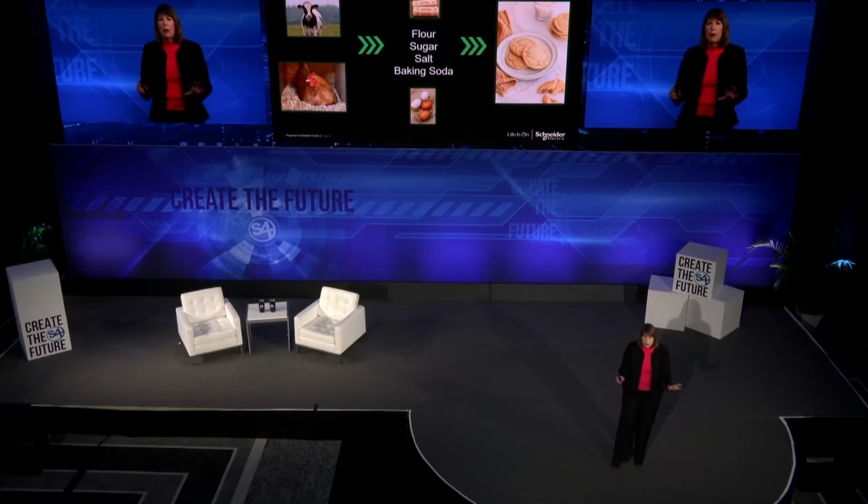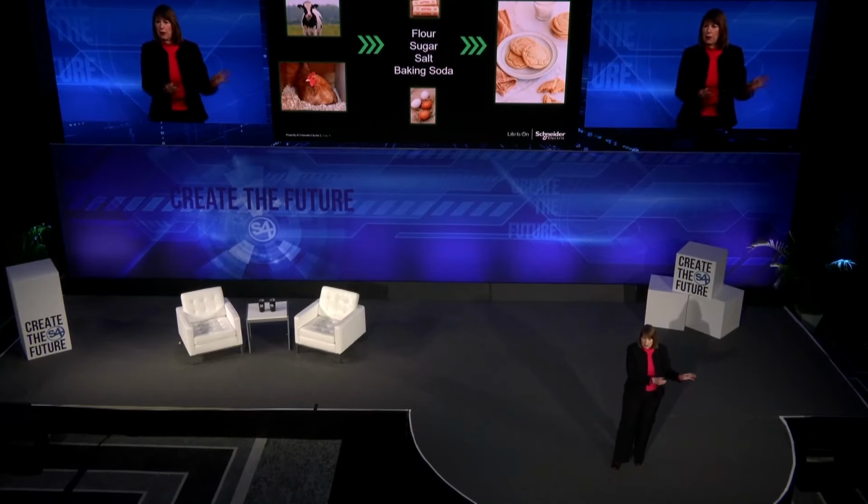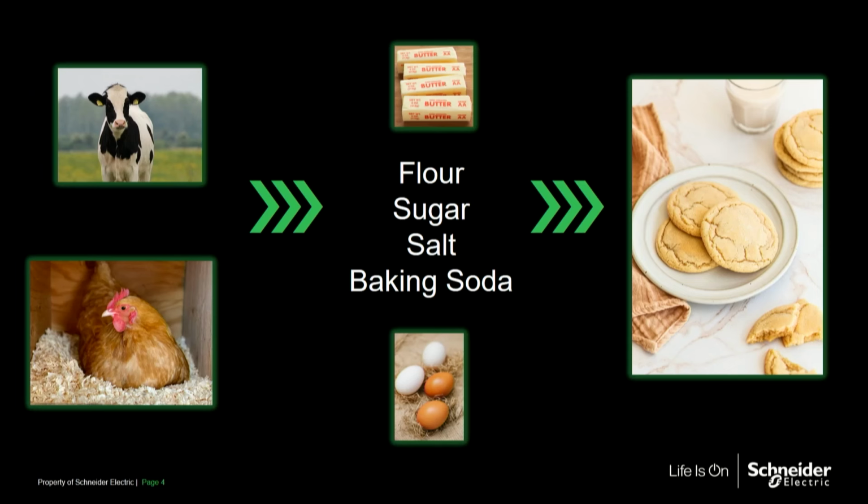So let's talk about just a general supply chain and the ecosystem of that supply chain. So you've got a cookie, right? You've got cows, chickens, you've got eggs, you've got butter, flour. All of those are suppliers. And then you have the baker. Think of the baker like an original equipment manufacturer, an OEM, okay?